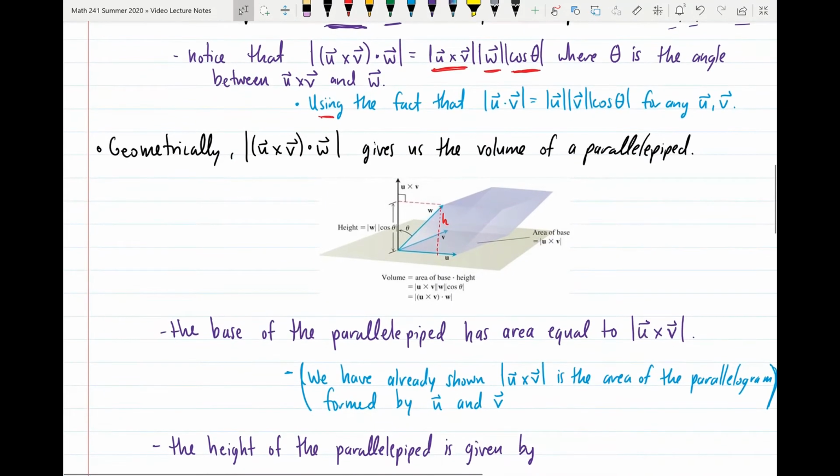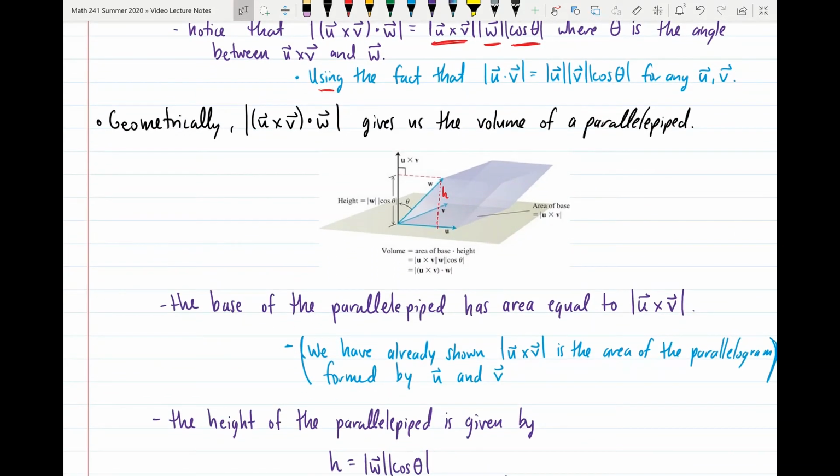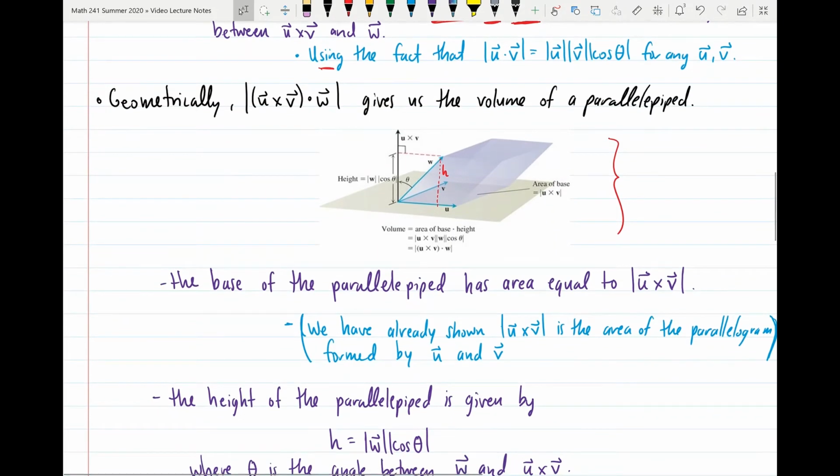Now let's give a geometric interpretation of the triple scalar product. Geometrically, the magnitude of the triple scalar product gives us the volume of a parallelepiped. If you don't know what a parallelepiped is, it is the shape in the picture here, which again I've conveniently taken from the book. You can think about it as a 3-dimensional generalization of a parallelogram.